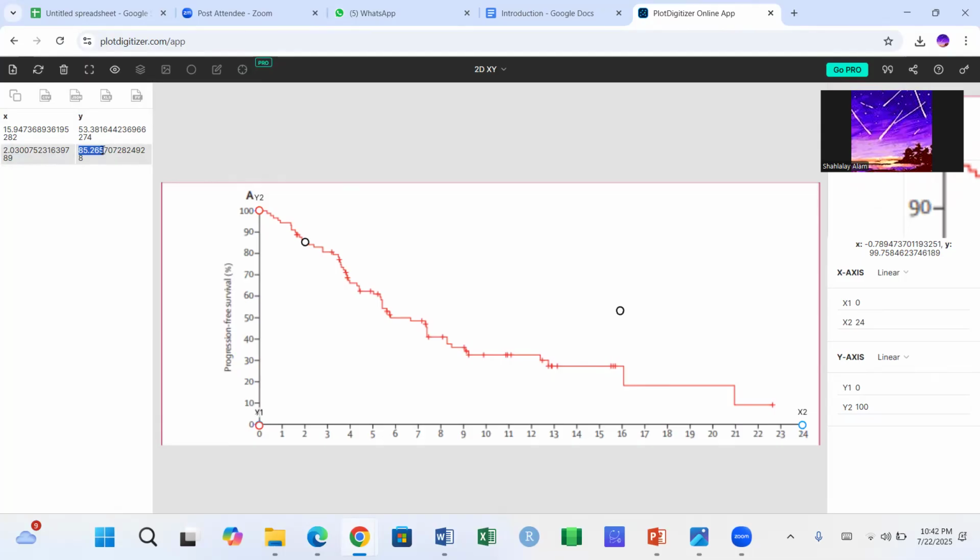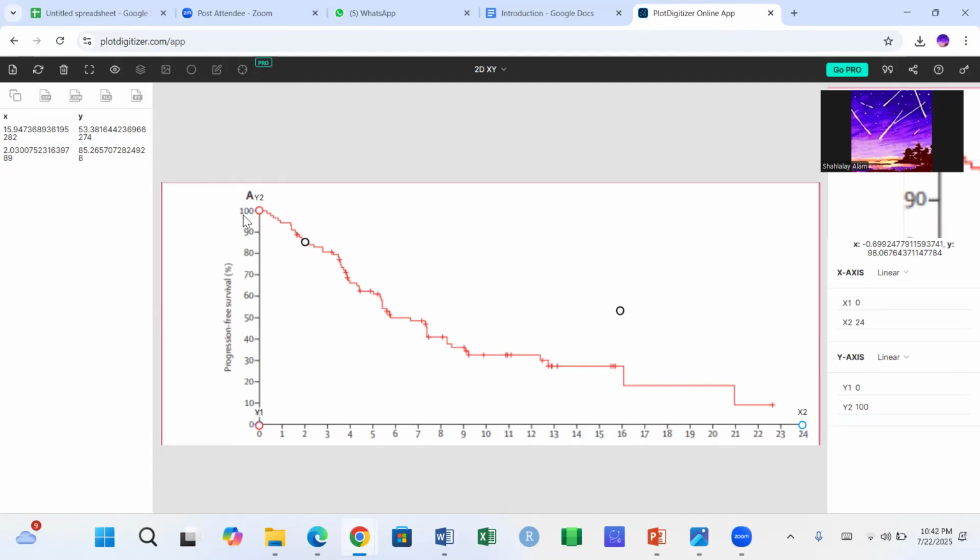For example, the sample size of this group is 50. Say metformin is the group I am extracting data for, and progression-free survival is the outcome. So I'll multiply 85.2 by 50 divided by 100. But if the upper limit y2 is 1, then I'll simply multiply 85.2 with the sample size.